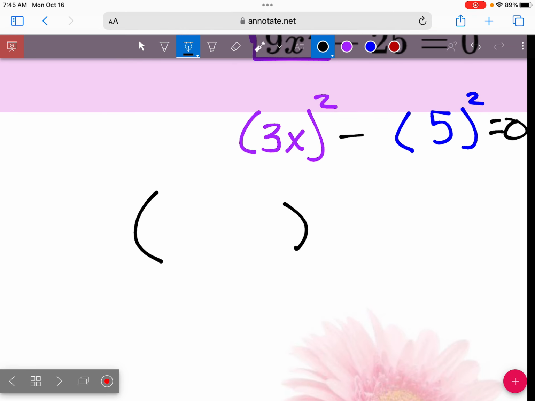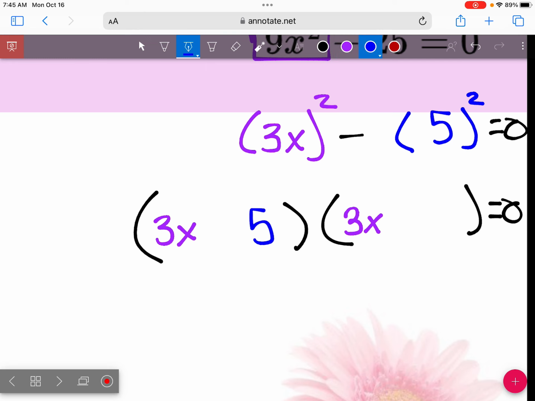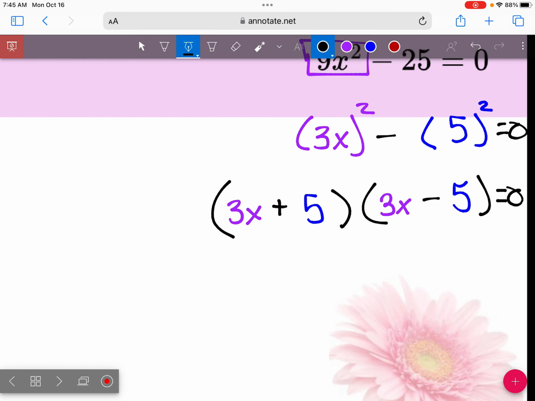That lets us put together our special pattern. 3x goes in the front. 5 goes in the back. One's a plus, one's a minus. Difference of squares will always have one as a plus, one as a minus. Every single time.